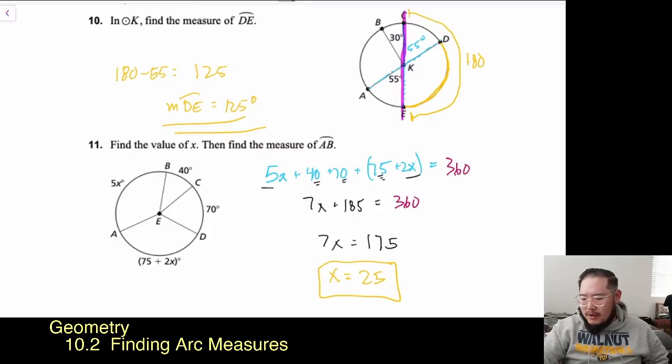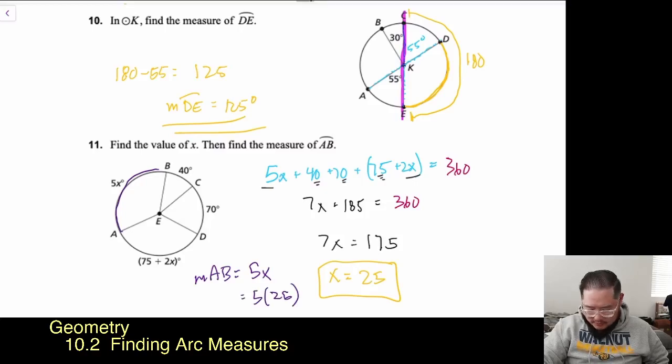And where is A to B? It's right over here. And so the measure of arc AB is equal to 5x. We can go ahead and plug in 5 times 25. And lastly, we have right here 5 times 25 is 125 degrees. And that is the measure of arc AB.